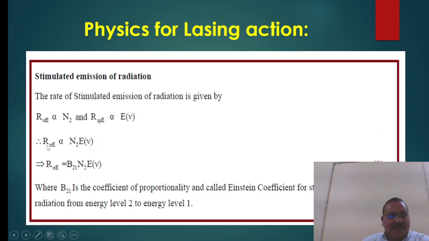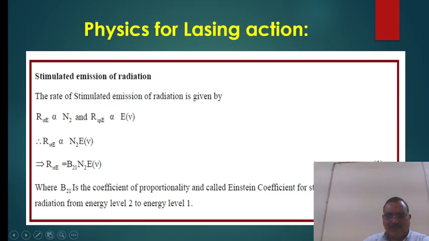So in totality, R_STE, the rate of stimulated emission, is directly proportional to N2 E nu, which implies R_STE equals B21 N2 E nu, where B21 is the coefficient of proportionality, called the Einstein coefficient for stimulated emission of radiation from level 2 to level 1.